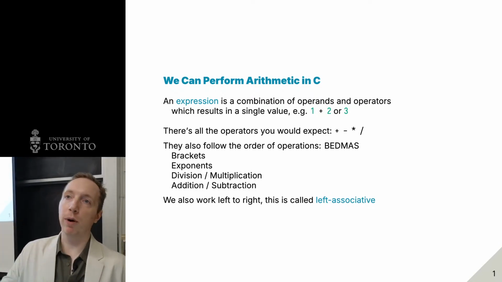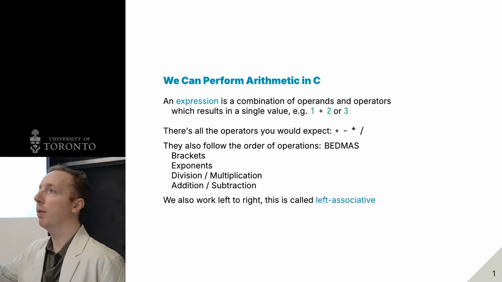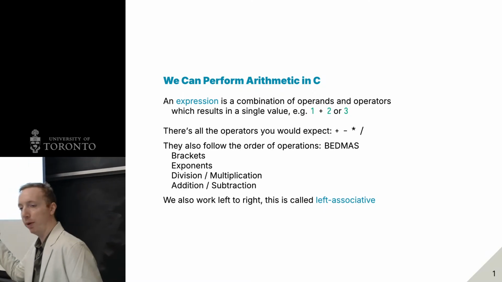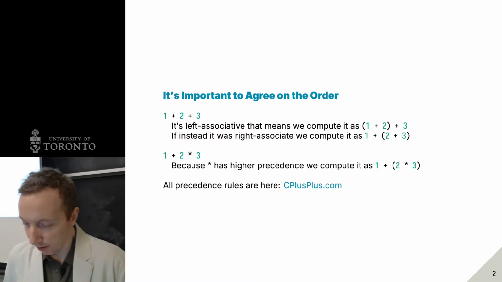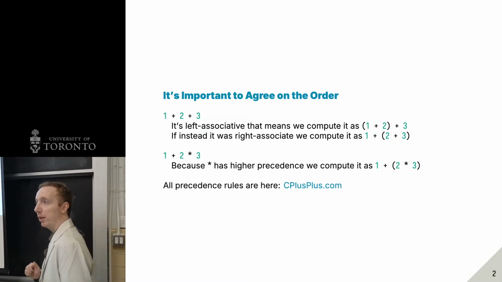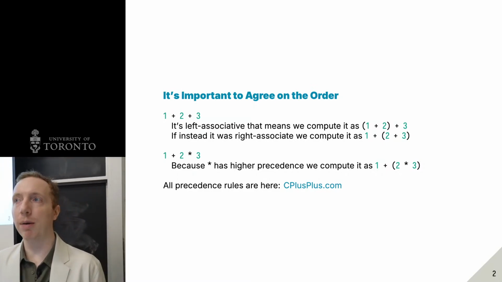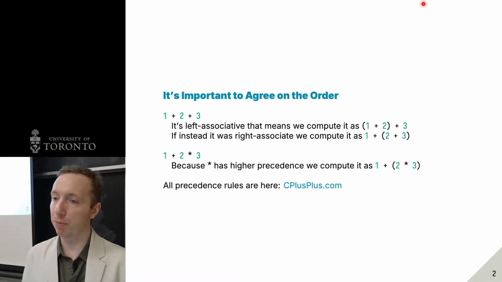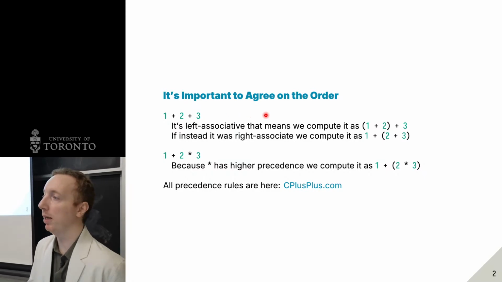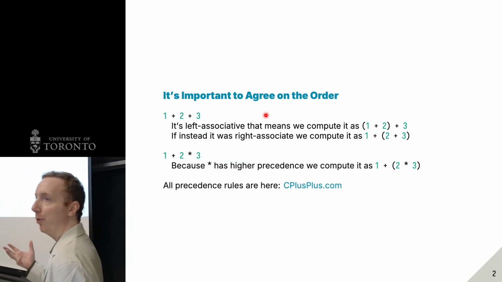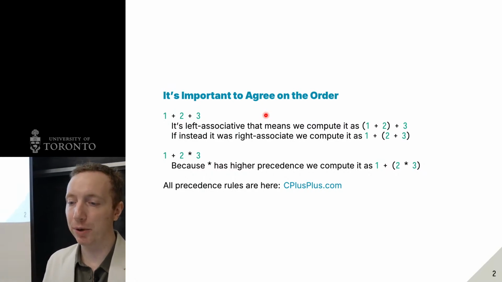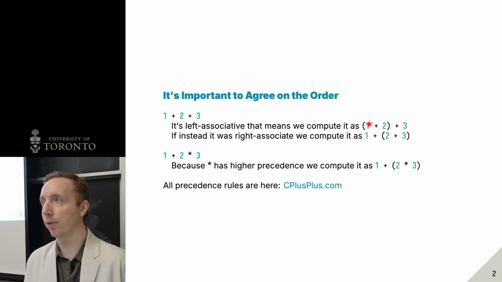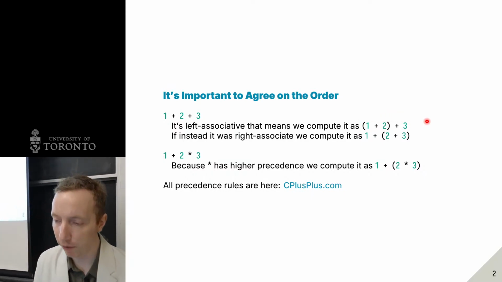If we have 1 plus 2 plus 3, we do 1 plus 2 first to get the result 3, and then add that 3 to 3 to get our final result 6. It's really important to agree on the order, as they probably taught you when you learned arithmetic. So again, 1 plus 2 plus 3 is left associative, which means if I explicitly add brackets so there's no ambiguity, we compute 1 plus 2 first, and then add that result, 3, to 3.